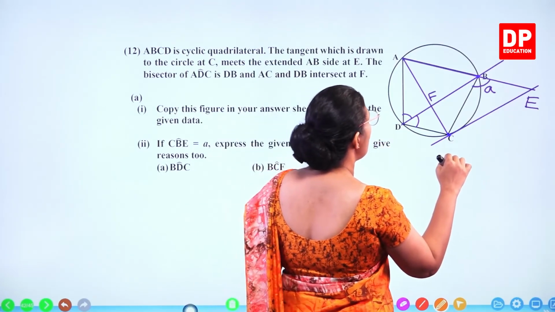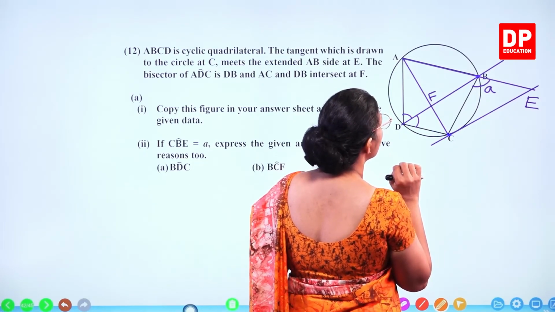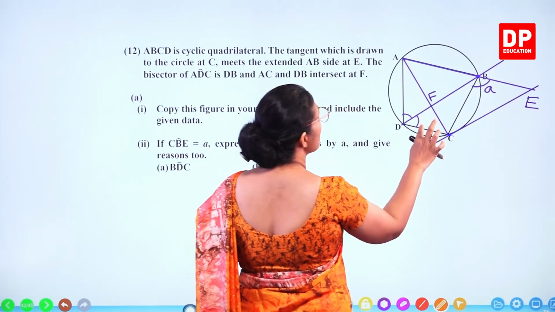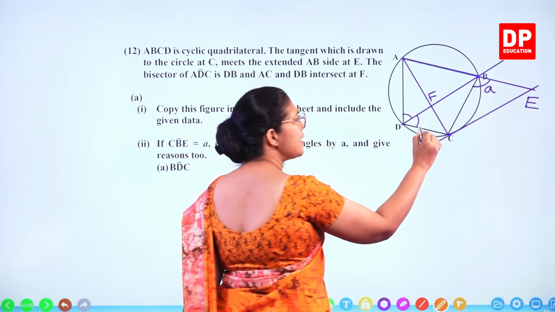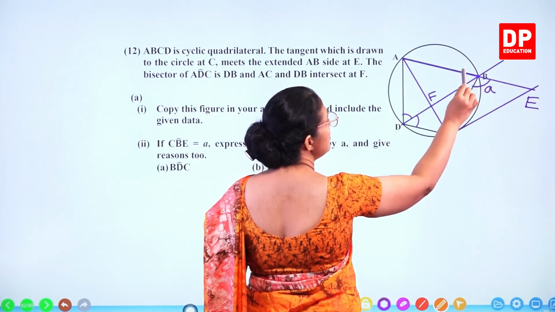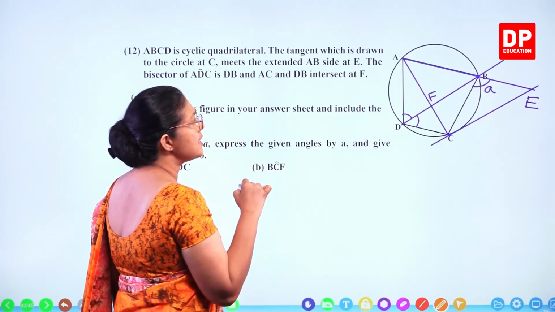What can you say about this angle and this angle? Here, if you take this one A, this whole thing is A, because this is the exterior angle to the cyclic quadrilateral that's equal to opposite interior angle.